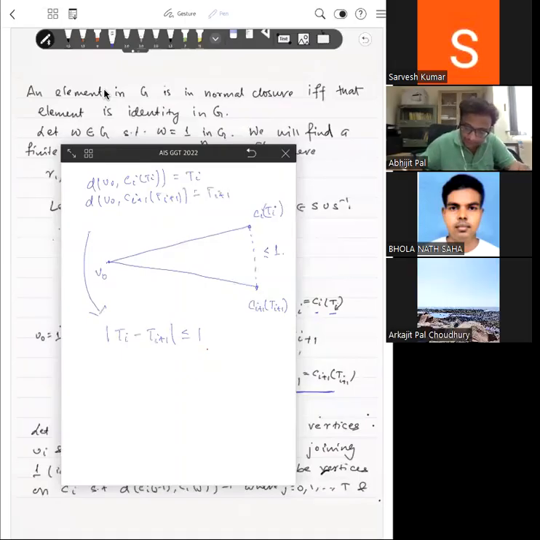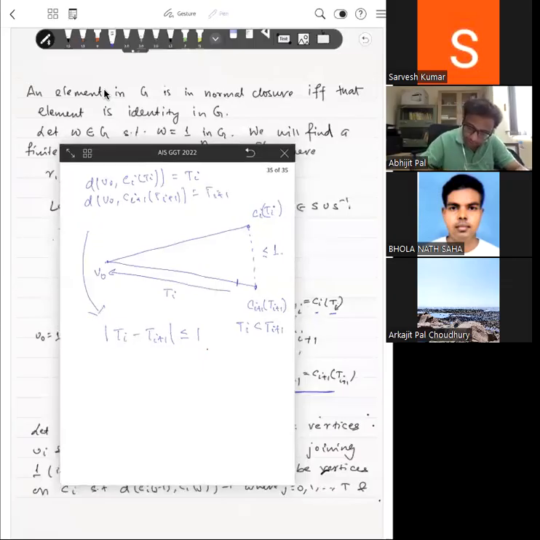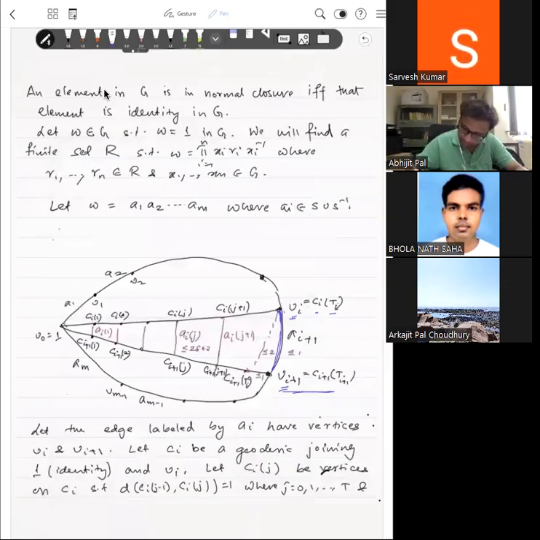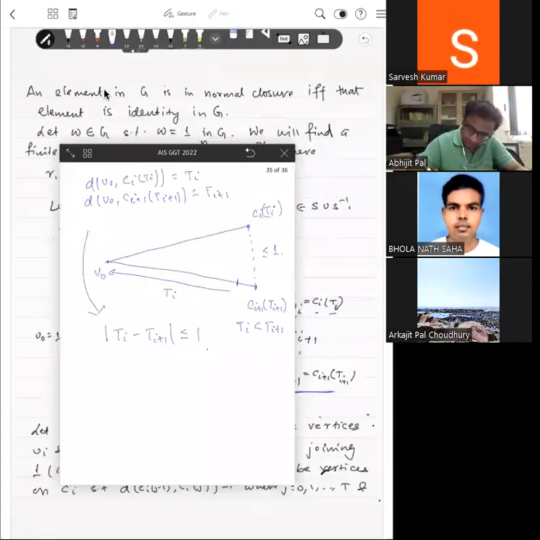Yes, by the triangle inequality. Suppose Ti is less than Ti plus 1. I'll get a point here such that this distance is Ti. Sorry, I'm wrong here.